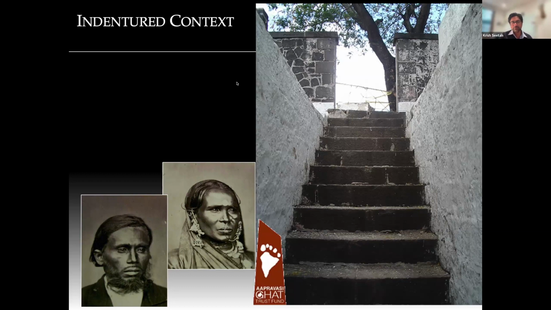There's much less recognition and investigation of the role of indentured laborers. And as Elsa mentioned, this was a global phenomenon, but it's received relatively little attention. And so the archaeology of indenture at the moment is effectively a Mauritian phenomenon. And we're hoping that actually expands because many other parts of the world adopted this system.